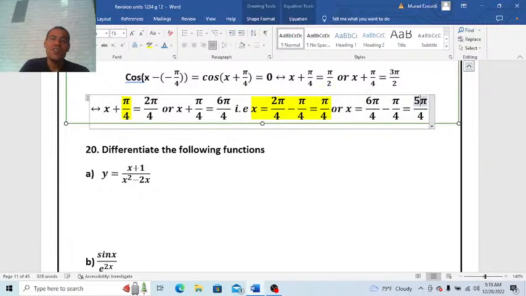So these are the two stationary points on the curve. Now check if you have a maximum at this point, yes or no.